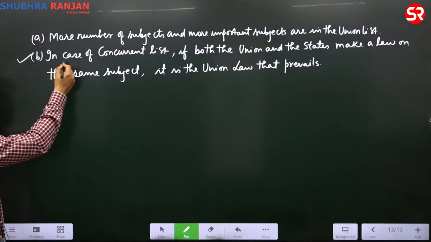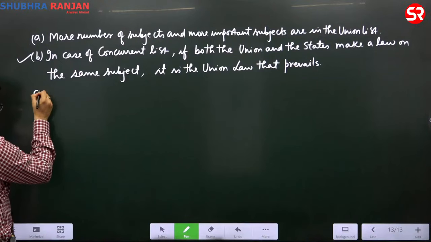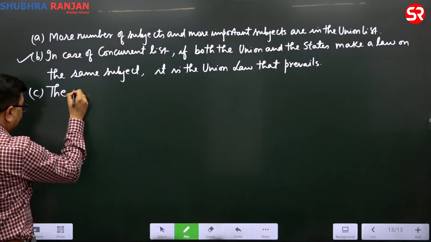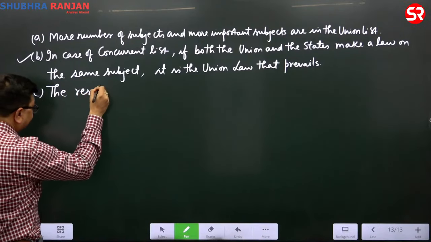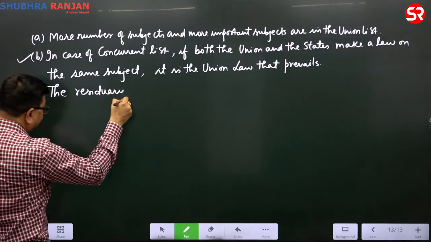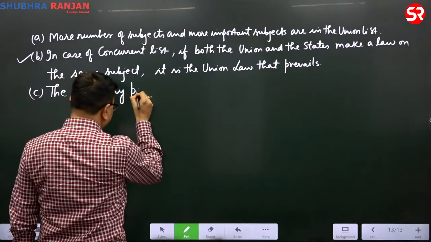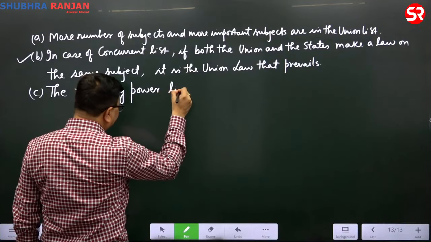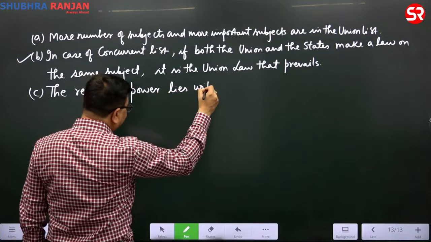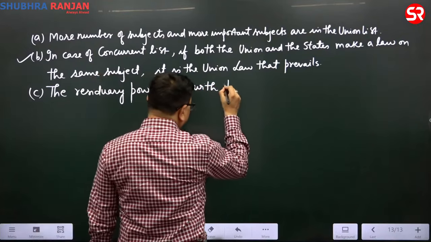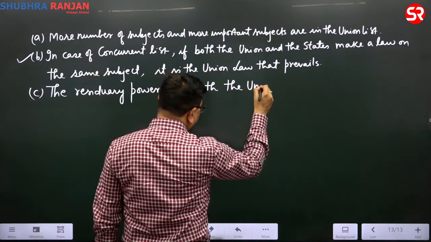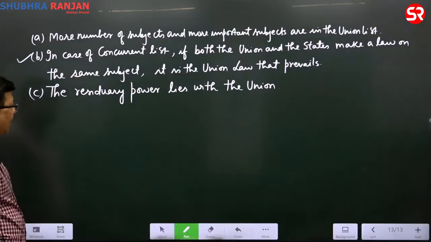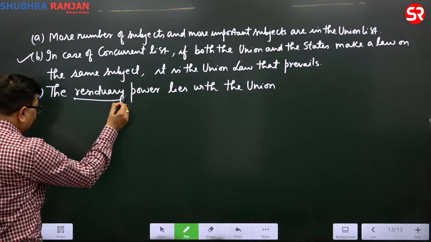Such type of statements will be there in the prelims examination. Then thirdly, the residuary powers lie with the union. Here I have used the word residuary.